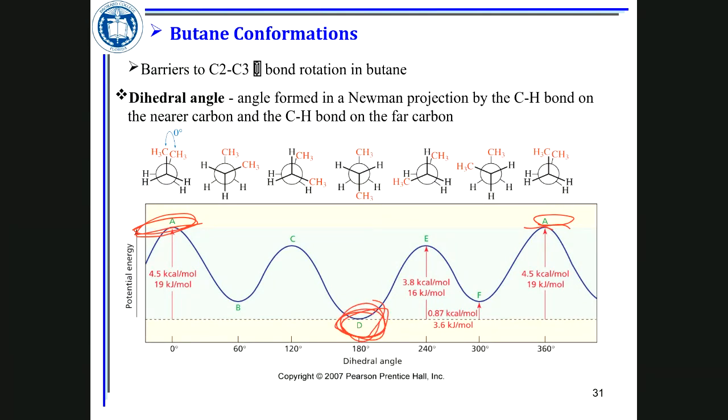So if we have the maximum amount of energy coming from the conformer where you have two methyl groups facing each other, this is the least stability for the molecule. And then D would be when you have the two methyl groups as far as possible from each other, and this gives you point D of the energy diagram.